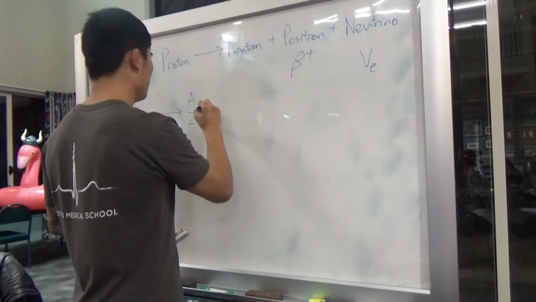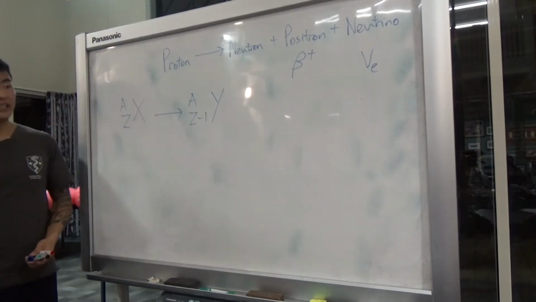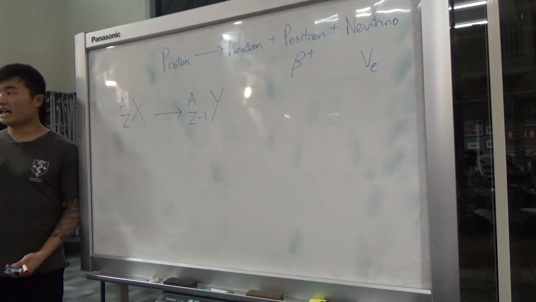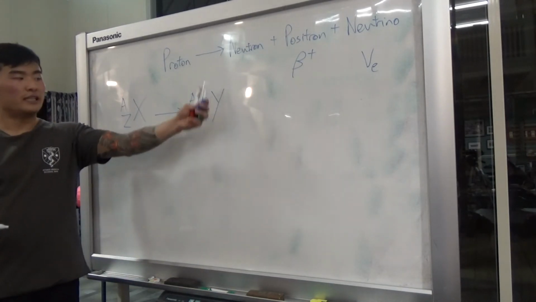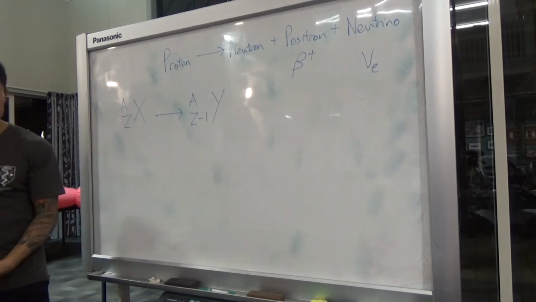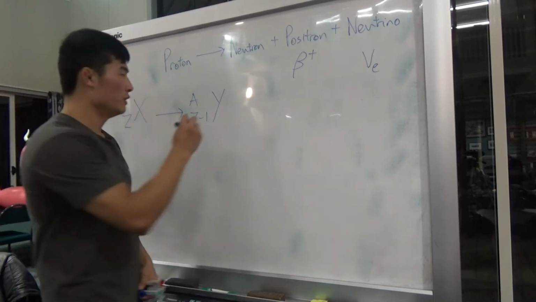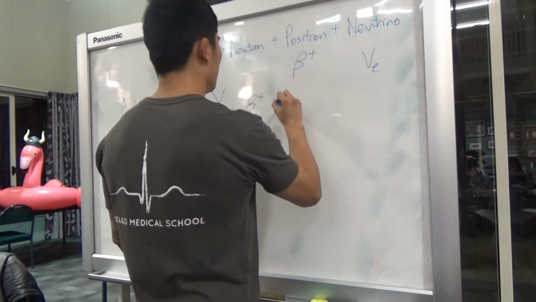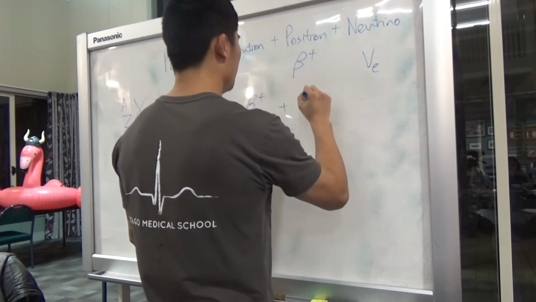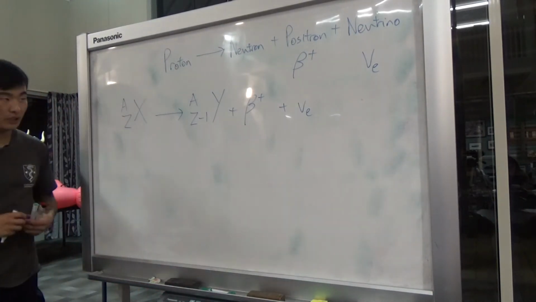And if you have a change in the number of protons, it is now a new atom, a different element. So you're going to have a beta positive particle and a neutrino. Okay, so that's beta plus decay.